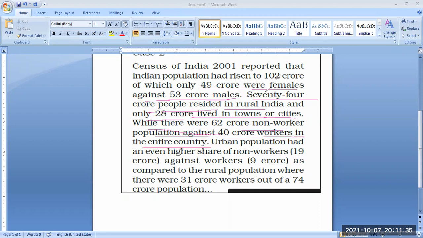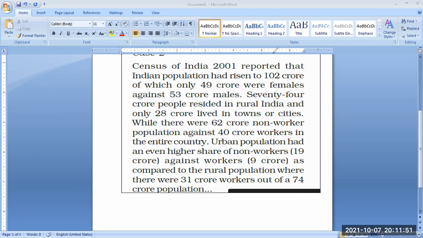See, you can add these two: 62 plus 40 will give us 102. So in India, non-workers were 62 crores, workers were 40 crores. Did you understand? Yes, sir.